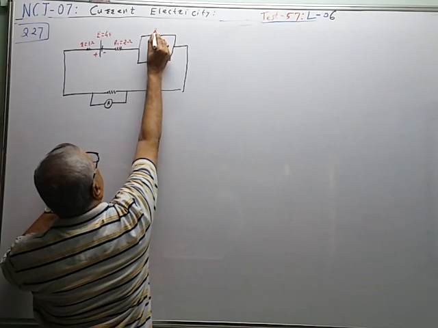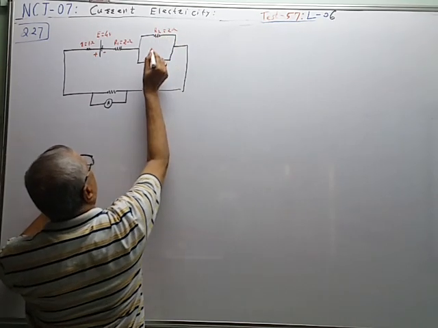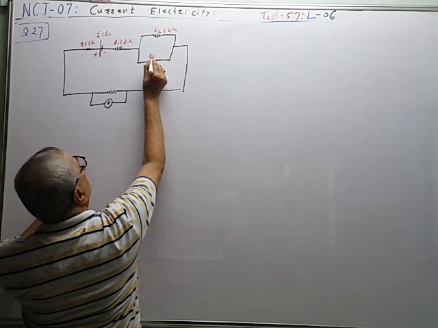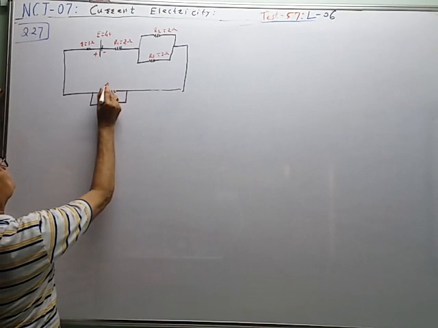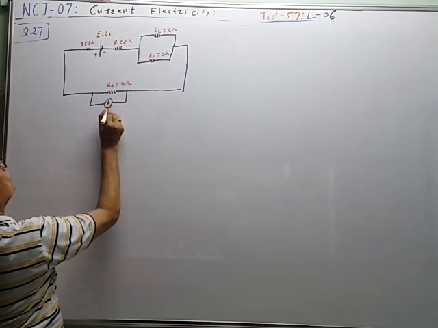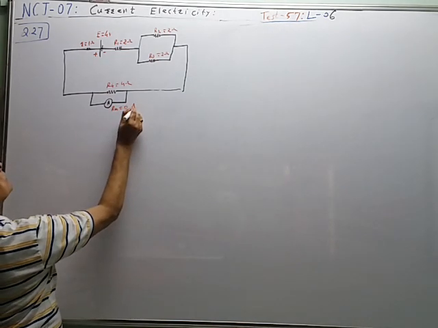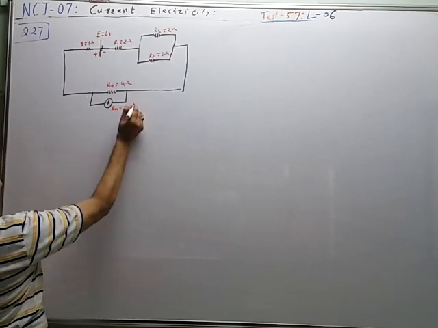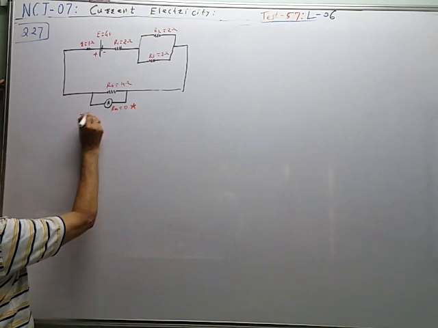R2 is equal to 2 ohm. R3 is equal to 2 ohm. R4 is equal to 4 ohm. And resistance of the meter Rm is equal to 0. This part is important. Ideal ammeter.